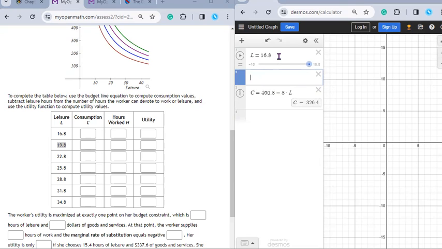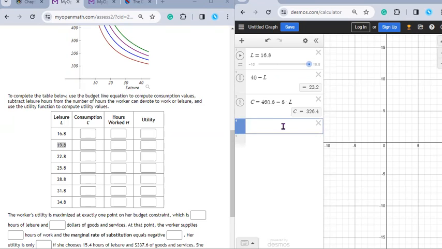And then remember, hours worked is the hours this person has available to work or leisure minus leisure. So this difference is hours worked, right? And then with hours worked equal to 23.2, we can multiply that. I'll call that H, I guess.